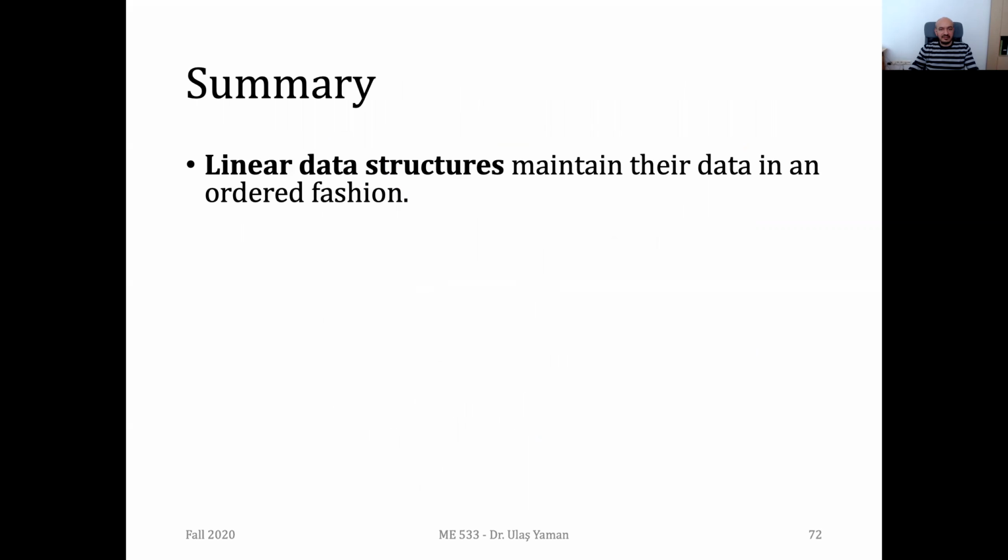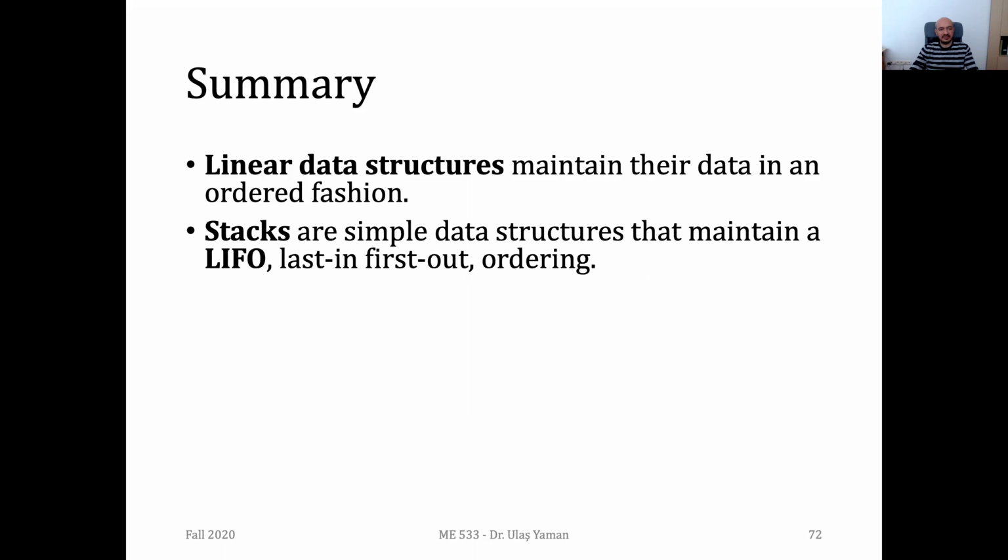So let's summarize what we have learned in this chapter. We discussed linear data structures: the queues, stacks, decks, and the list data structures. They're all linear. We can add some items into them, remove them, and have some operations.